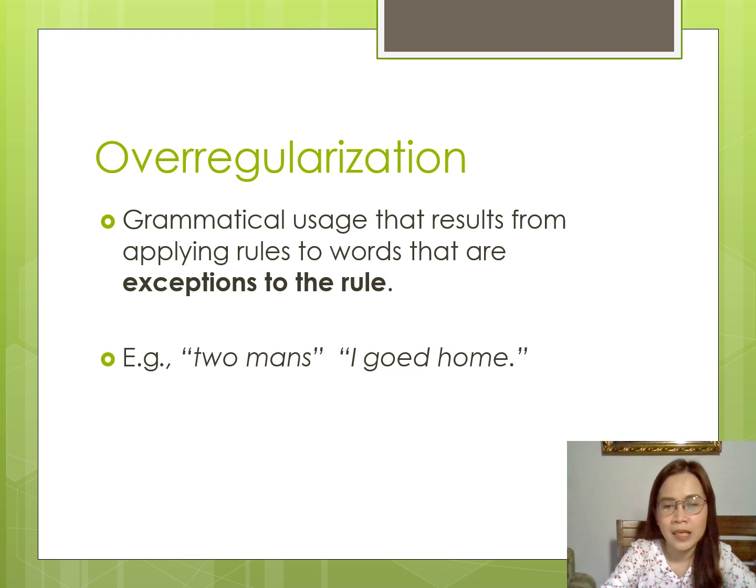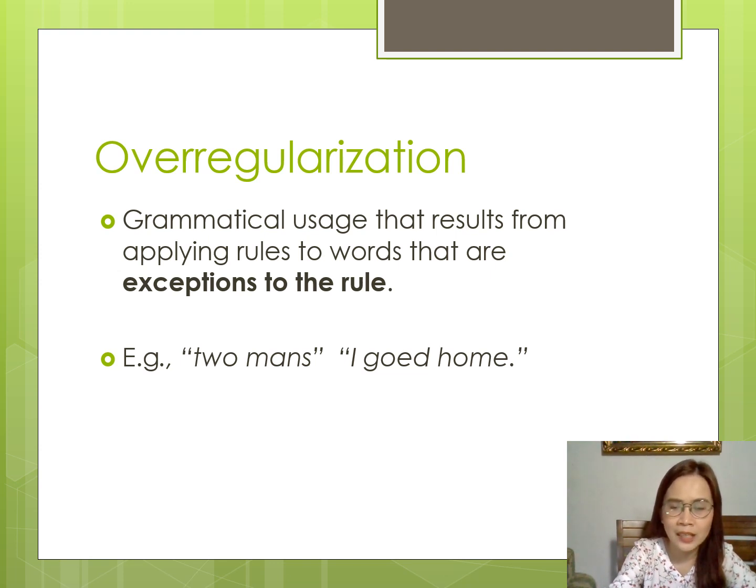Pero ang hindi pa nila naiintindihan, yung irregular. Di ba kapag irregular, you change the spelling, no, to something na mas better. Like sa I go home, instead of go, I went home, di ba? Instead of two mans, two men, di ba? Pero hindi nila alam yon, but still okay.